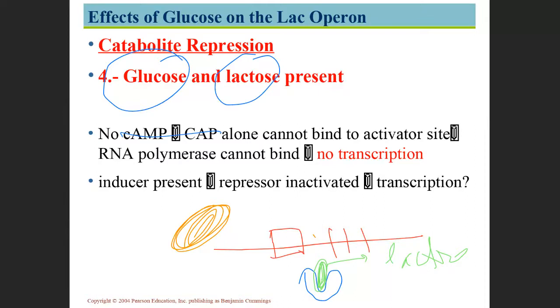We cut the lac operon, add it to a gene, and put that gene inside a cell, and we can turn that gene on and off by just the levels of lactose and glucose. So that's why it's become a tool, a little tool used to control genes. That's part of the importance of the lac operon.